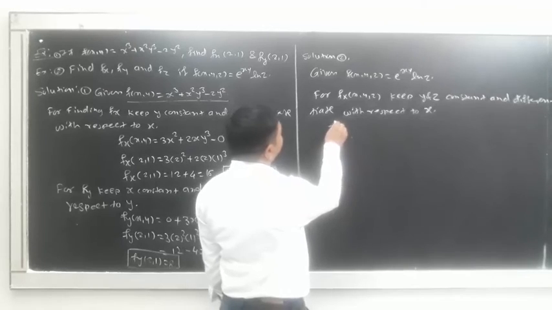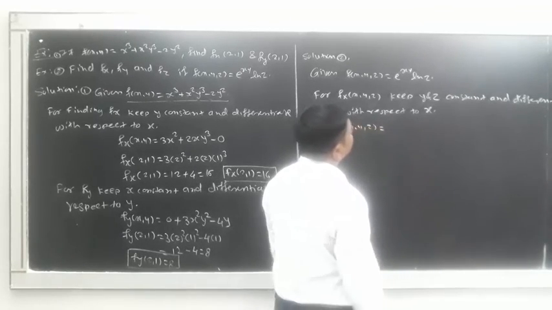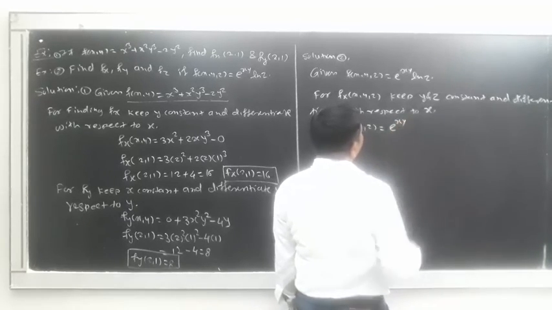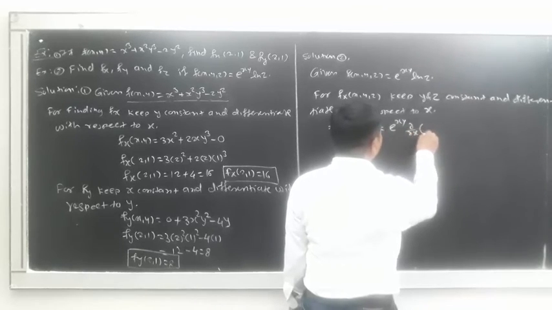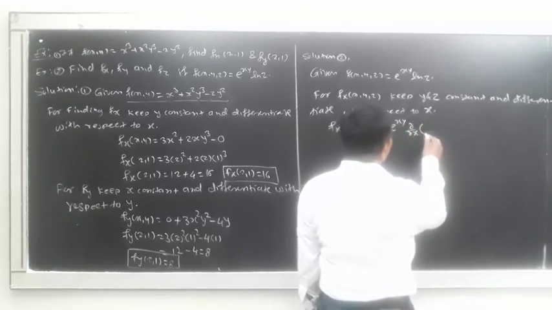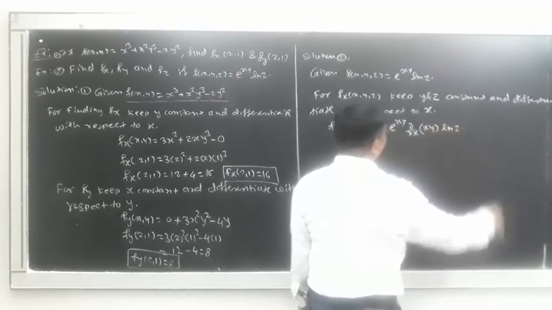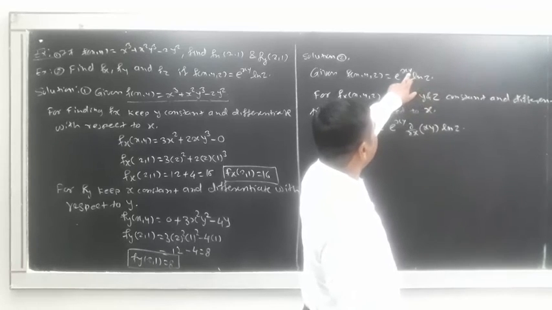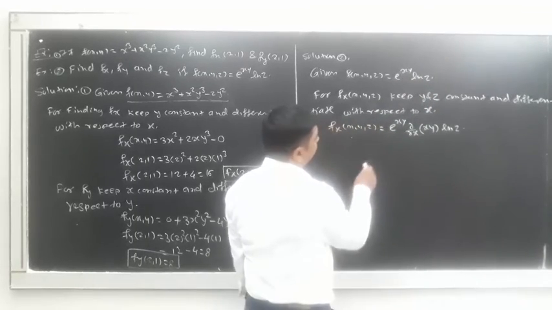So what we are getting, fx at point (x,y,z). What is the derivative of e raised to xy? The derivative of e raised to xy is e raised to xy, and we have to use the chain rule, times ln of z. Here ln z is constant, y is constant, therefore we take only the derivative with respect to x.